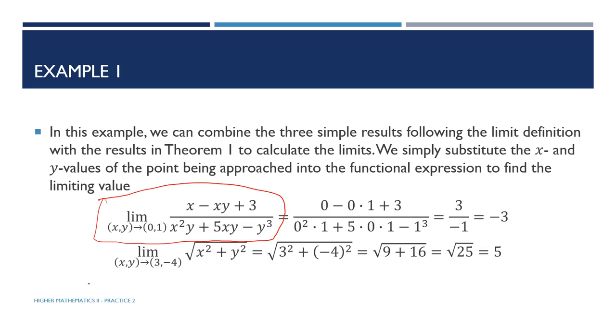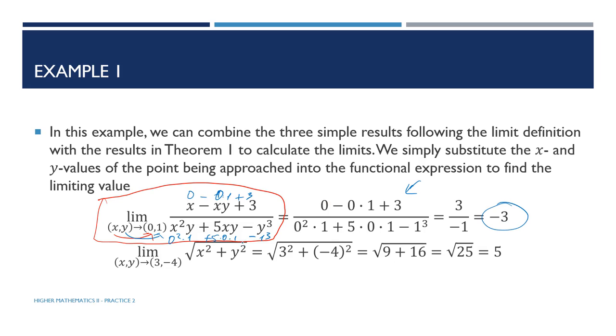and we have to plug in instead of x 0, instead of y the number 1, just 0 minus 1, 0 times 1 plus 3, and here 0 squared times 1 plus 5 times 0 times 1 minus 1 cubed, and calculate this expression, simplify, get negative 3.